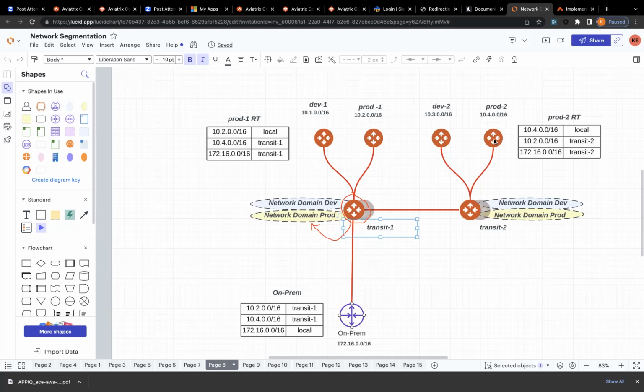Similarly, if you go to prod 2, you will see that it sees 10.4 as local, 10.2 via the transit, and 172.16 also via the transit. So in a nutshell, anything that connects to the transit can be placed in a network domain.